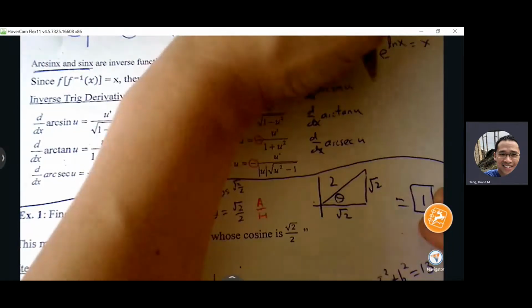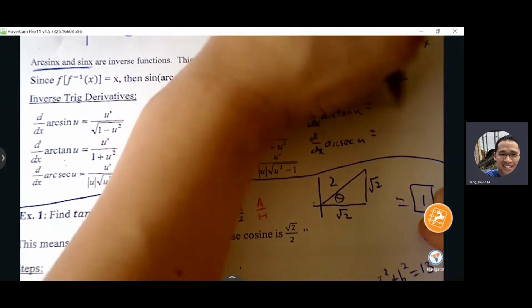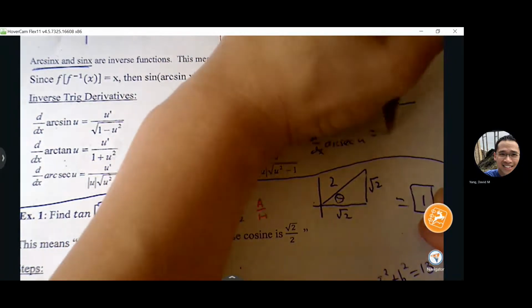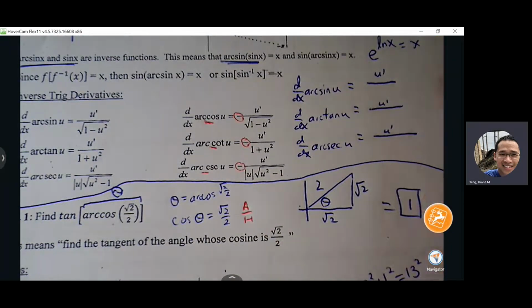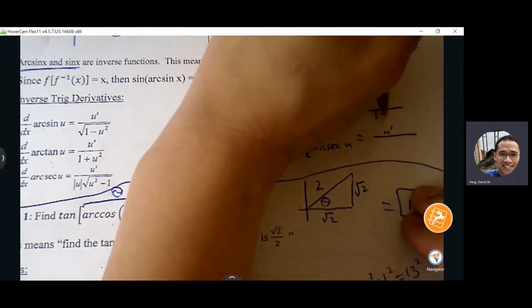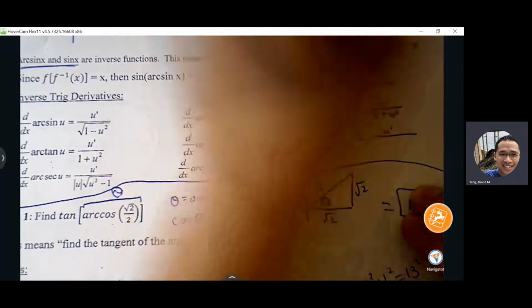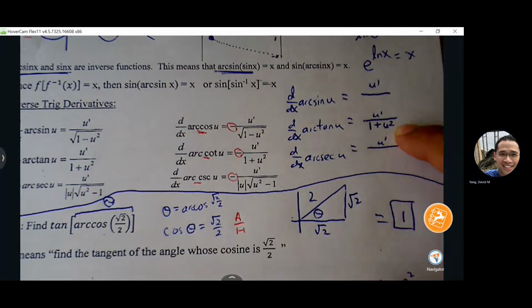But first, I know that all these rules have u prime in the numerator, so that's nice. Kind of get my similarities out of the way. Arctangent is the cleanest, easiest one. It has the plus sign. It has the 1 and the u squared without any radicals involved. So I like to start here: u prime over 1 plus u squared.